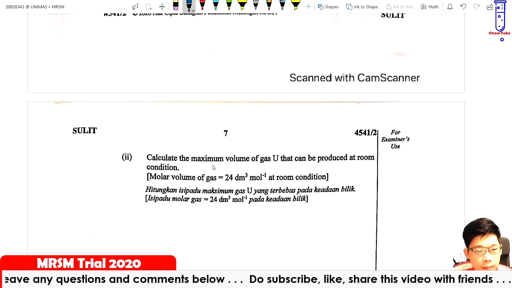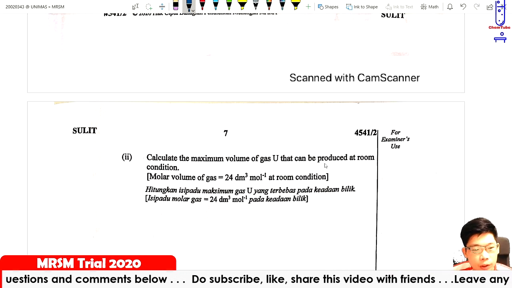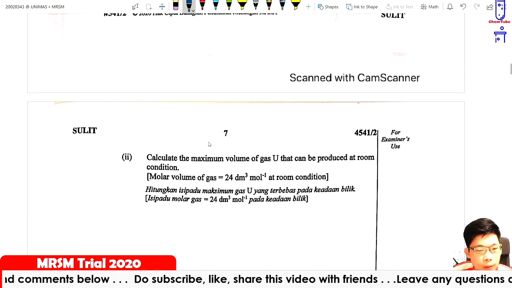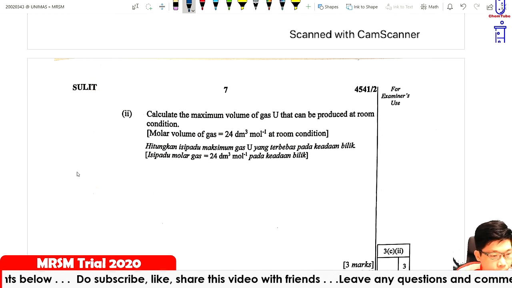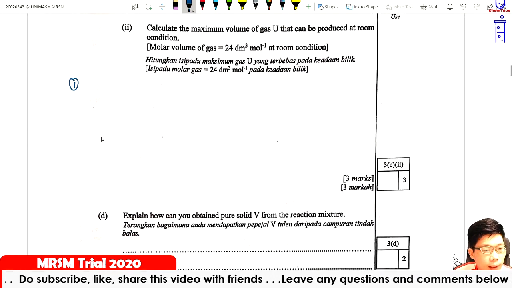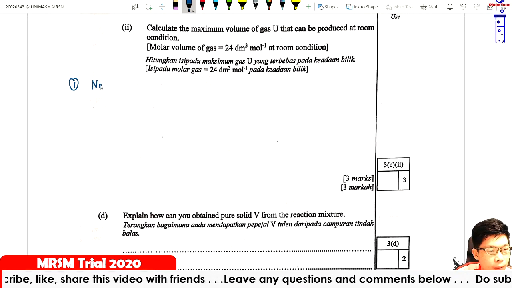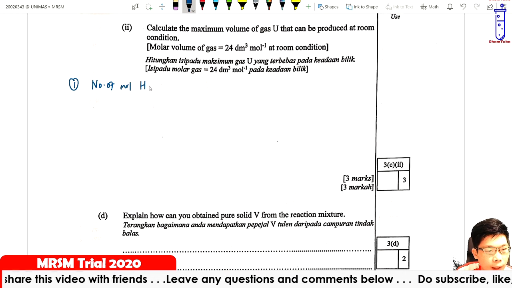So calculate the maximum volume of gas U that can be produced at room condition. So first we need to calculate the number of moles for the hydrochloric acid.